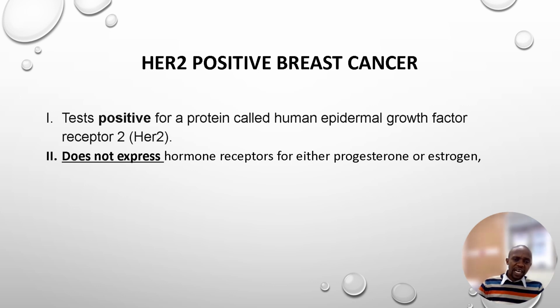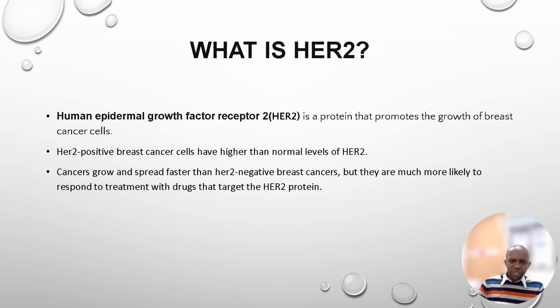The third one is HER2 positive breast cancer. This type of breast cancer only tests positive for human epidermal growth factor receptor 2. It does not express hormone receptors for either progesterone or estrogen. What is HER2?